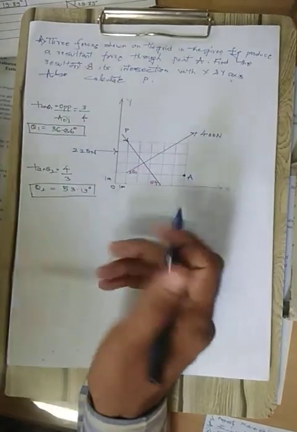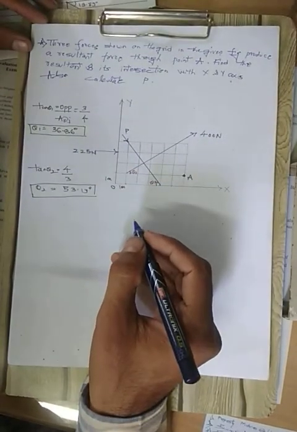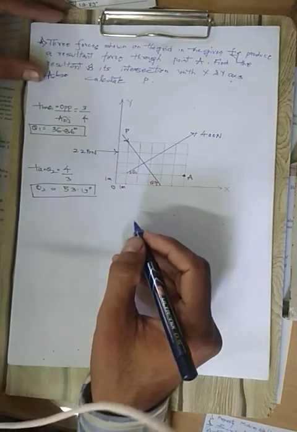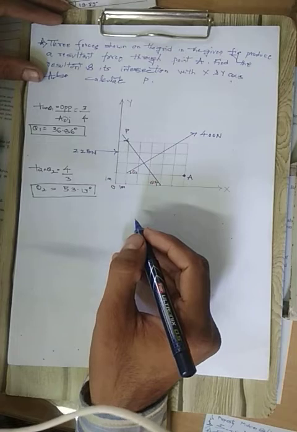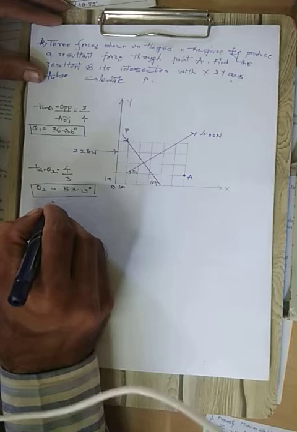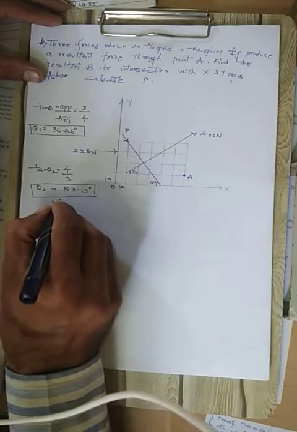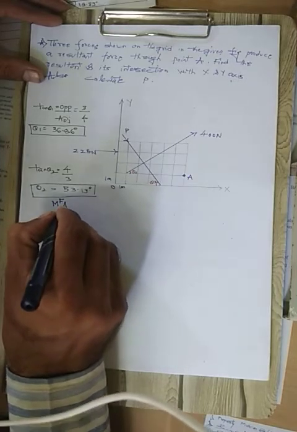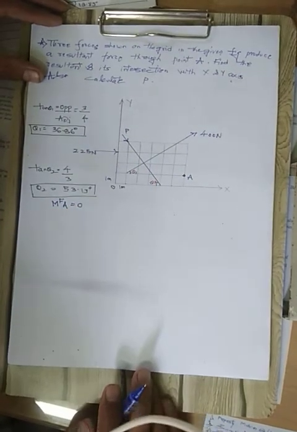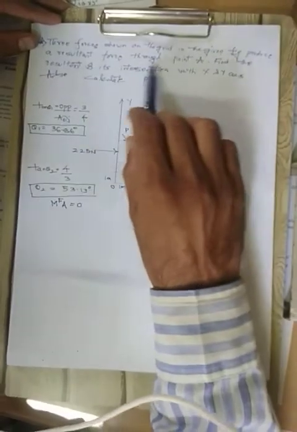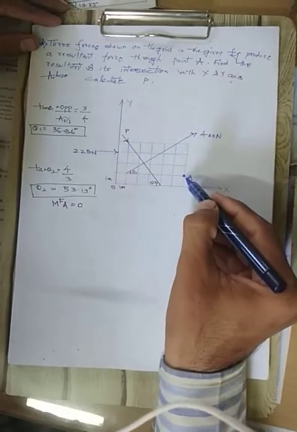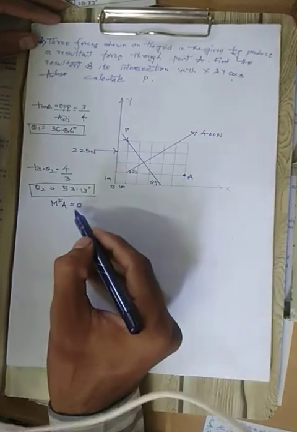Next, that sentence which has been given in this: the resultant of all the forces is passing through point A. So we have to use this sentence. In other words, it means the moment of all the forces at point A is equal to 0.